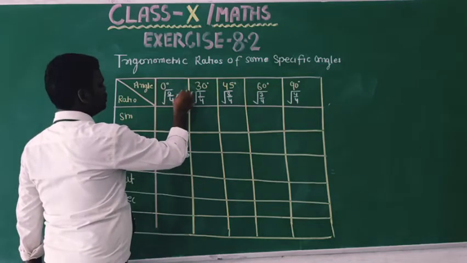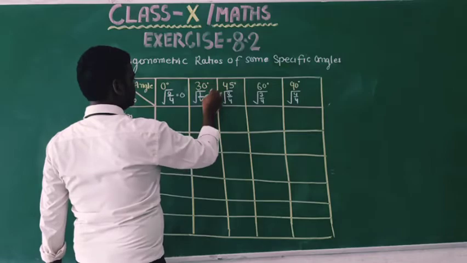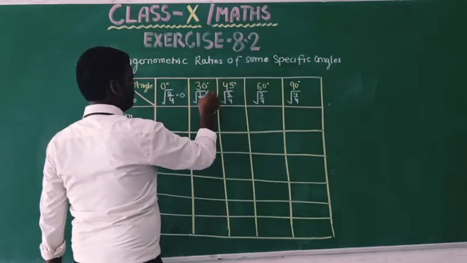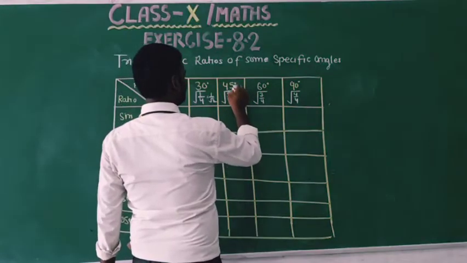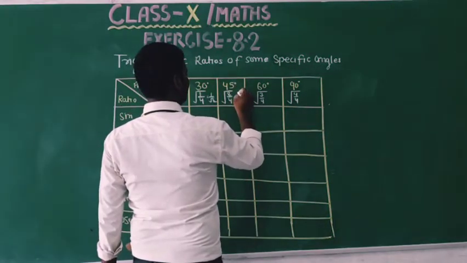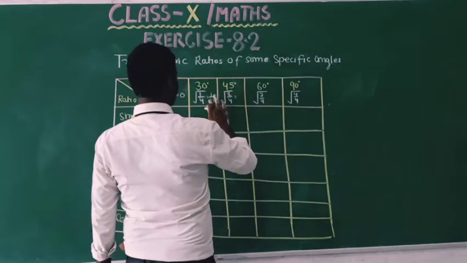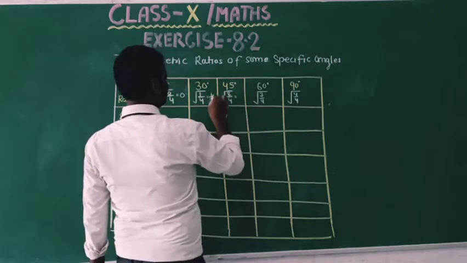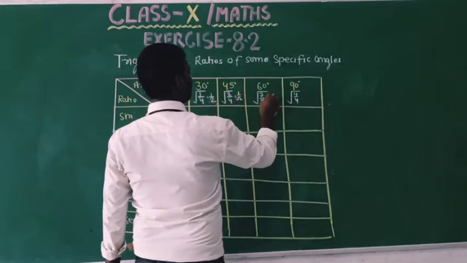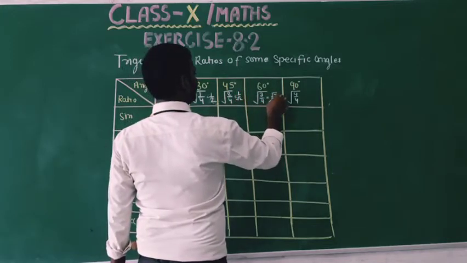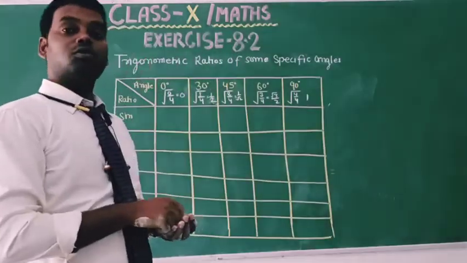This is 0, and this is 1 upon root 2. After simplification we get 1 upon 2, 1 upon root 2, root 3 by 2, and 1.